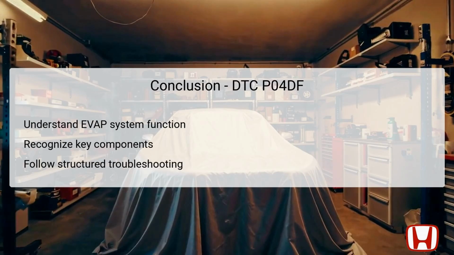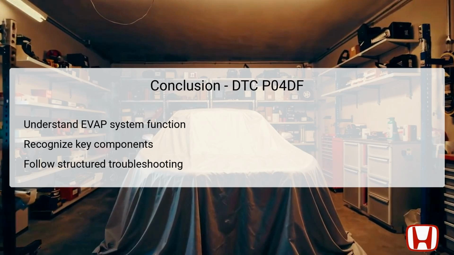In summary, understanding the function of the EVAP system is vital for addressing DTC P04DF effectively. Recognizing the critical components involved, such as the EVAP canister and purge valve, allows for targeted troubleshooting. Following a structured approach, verification, component checks, and comprehensive testing ensures that issues are identified and resolved efficiently.